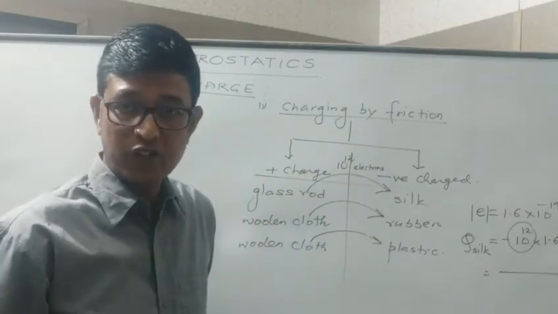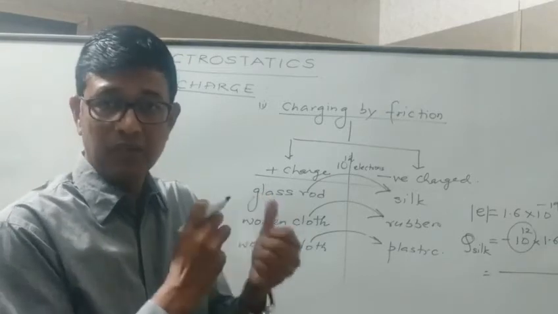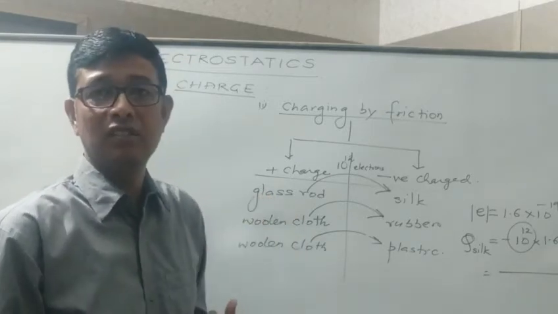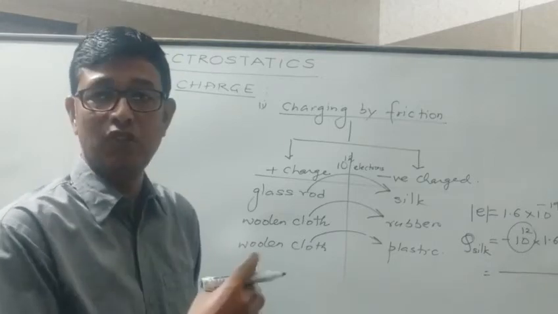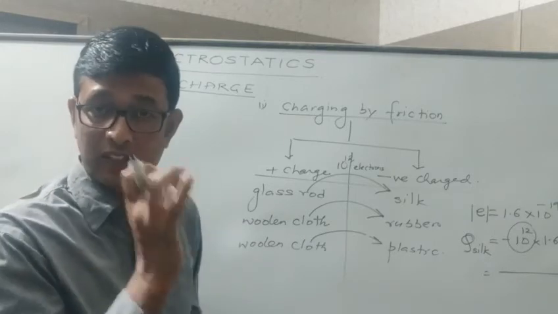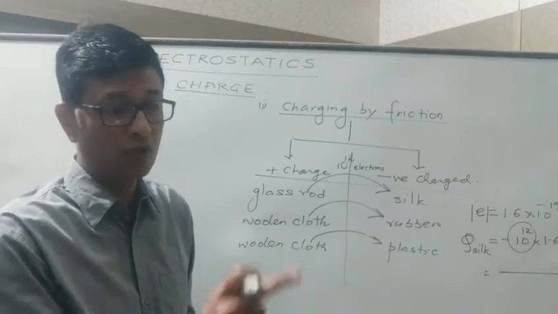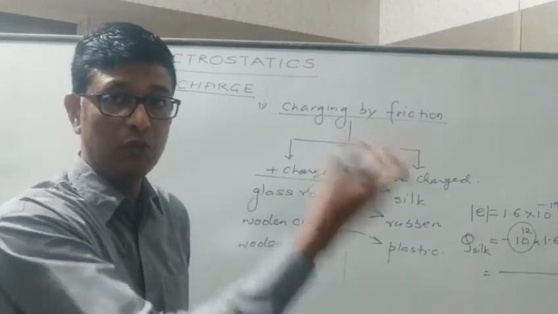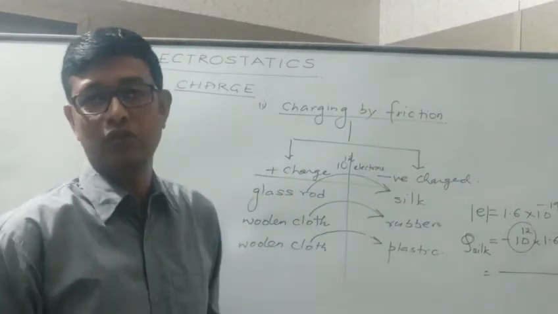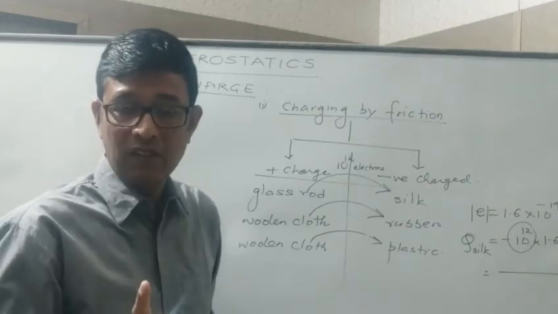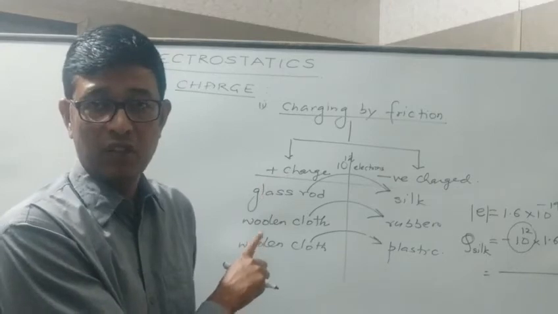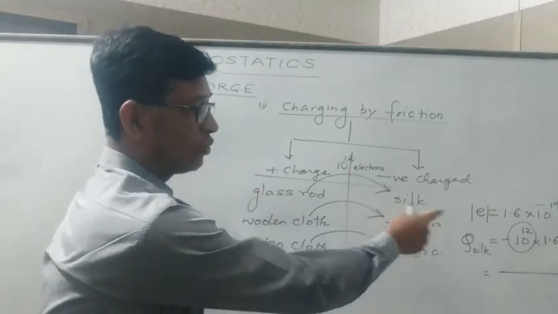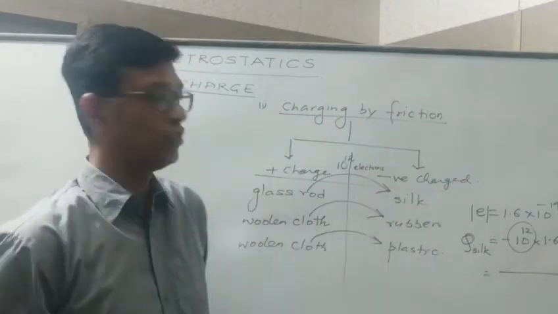So charging by friction means when two bodies are rubbed against each other, charges get transferred from one body to another. The electrons tend to get transferred from the body having lower work function to the body having higher work function. The body that loses electrons acquires a net positive charge, while the body that gains electrons acquires a net negative charge.